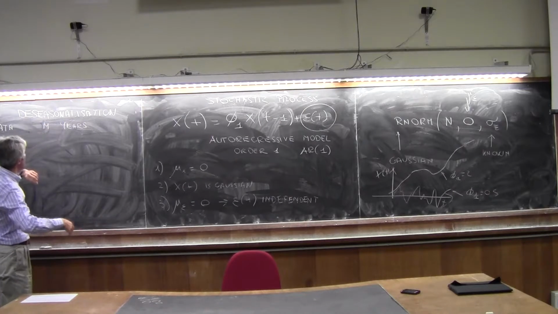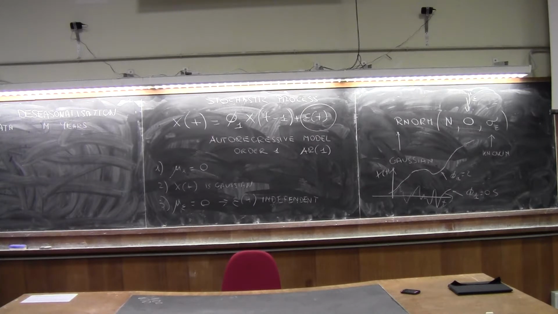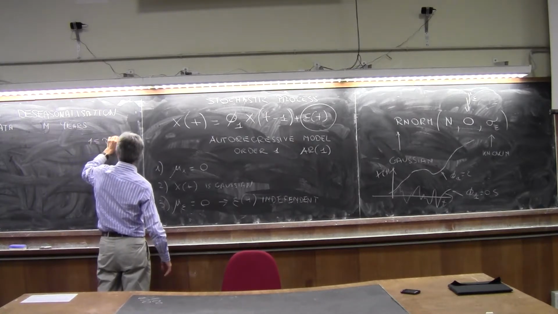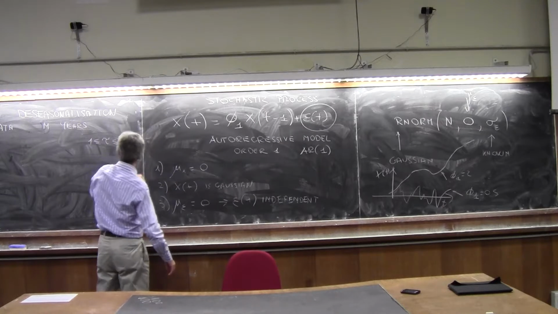Let's use capital M years of data. And then let me indicate with mu tau the average value, the mean value of the data observed in the day tau, where tau varies from 1 to 365.